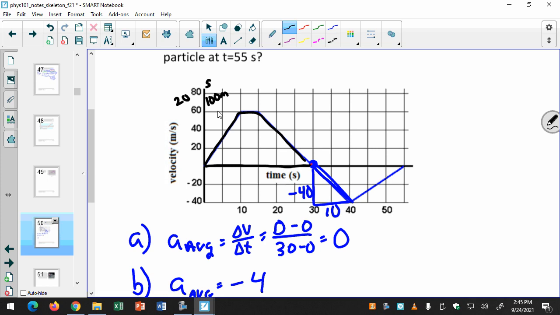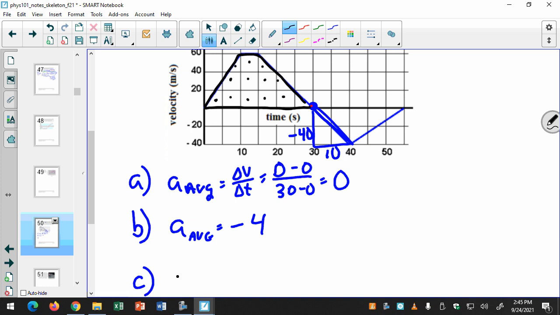So each square is 100 meters. So I have 100, 200, 300, 400, 500, 600, 700, 800, combine those two, 900, so basically almost 1,000 meters. Really about 990 or 980 or so.